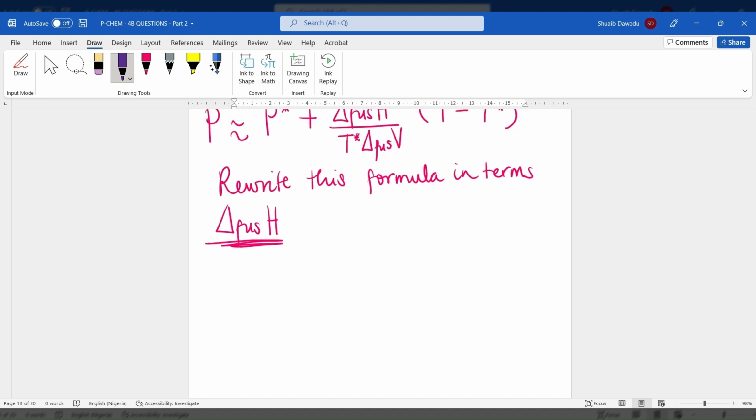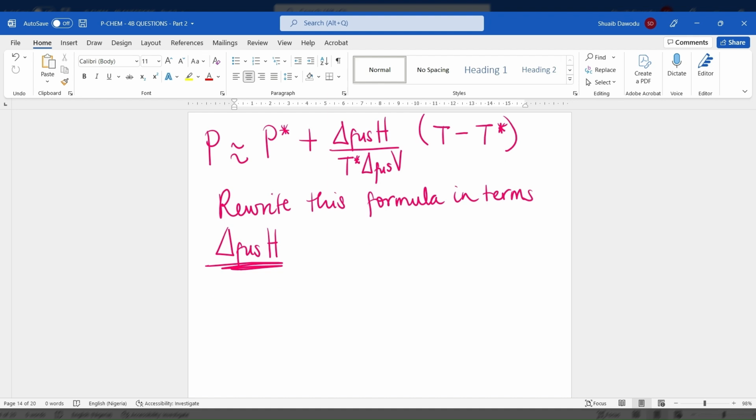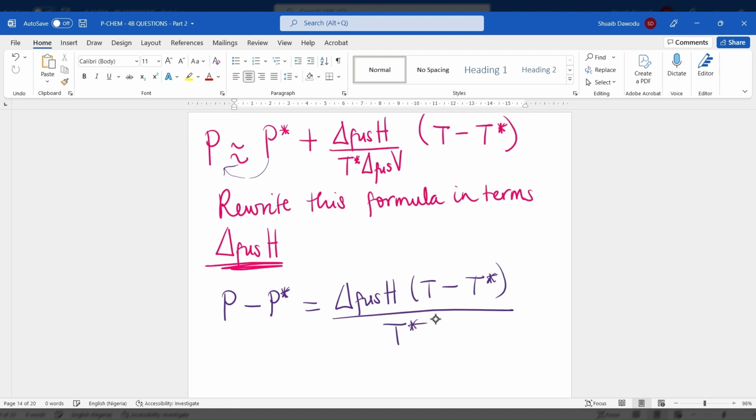So to do that, we just do a little bit of math here. P minus P star, because we're going to take this one over here, is going to now equal change in enthalpy of fusion times T minus T star divided by T star, change in molar volume of fusion. Of course, I cross multiply.